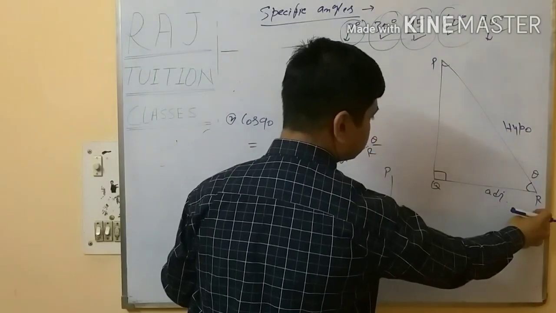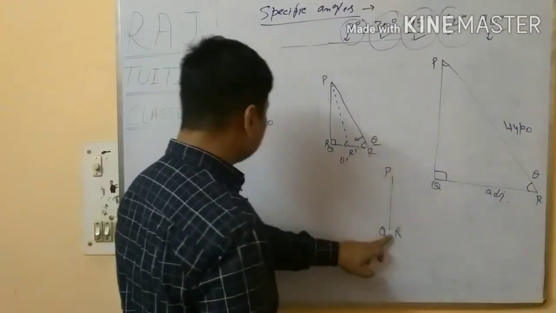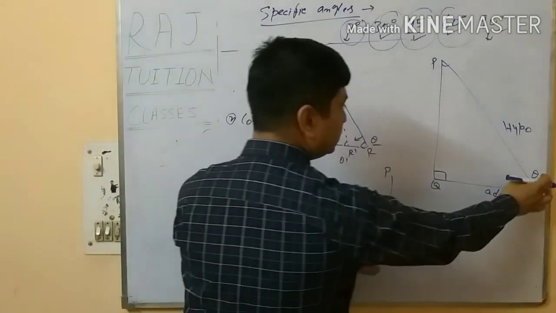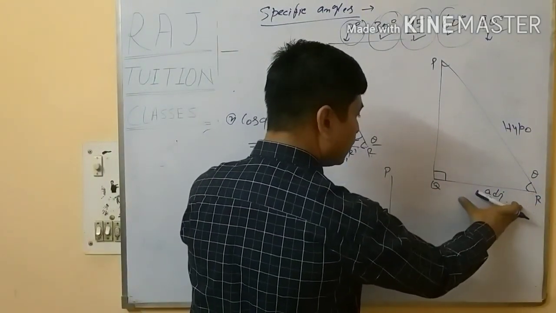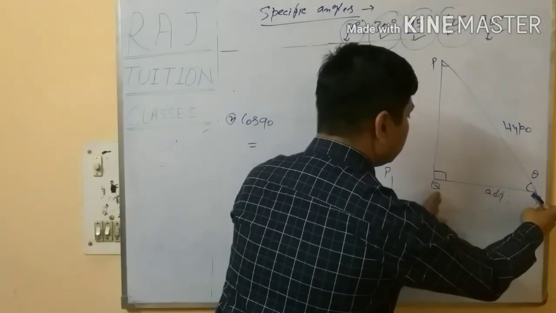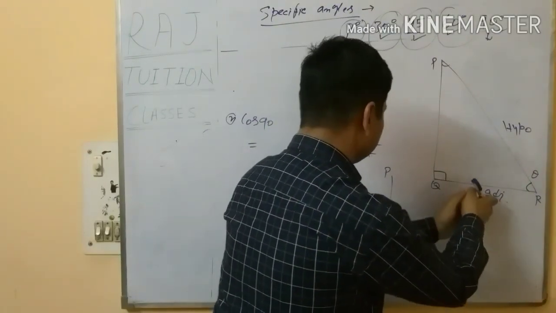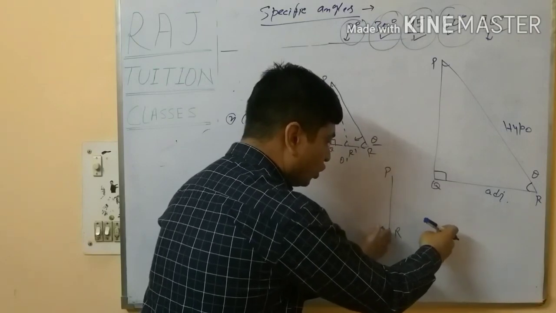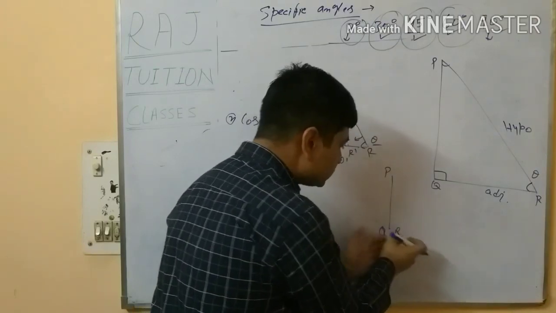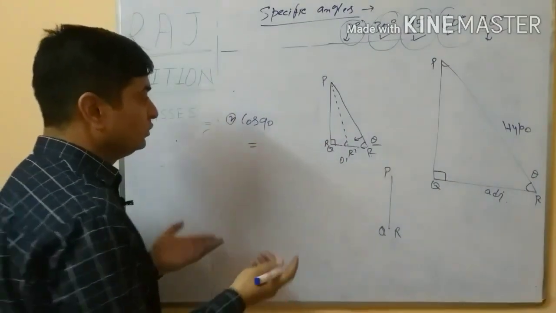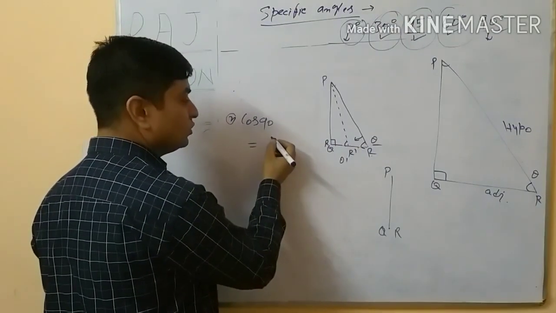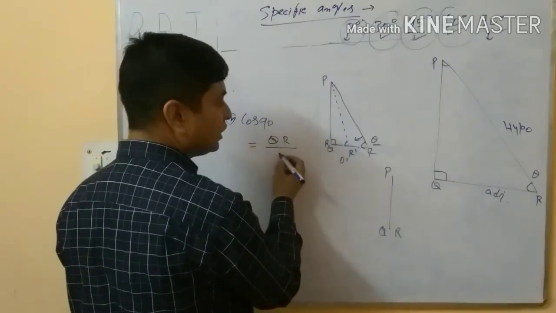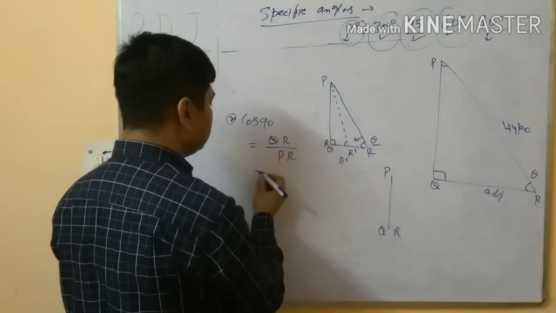But now when angle R is 90 degrees, when theta is 90 degrees, then QR is compressed to 0. This QR side got compressed to 0. There is nothing. So I should write it as QR divided by the hypotenuse PR.